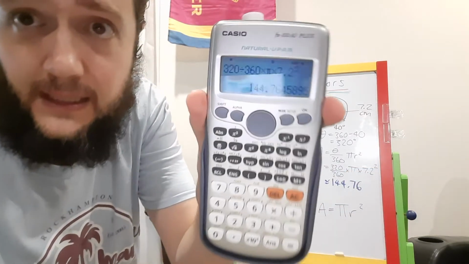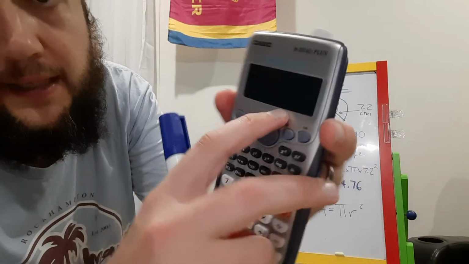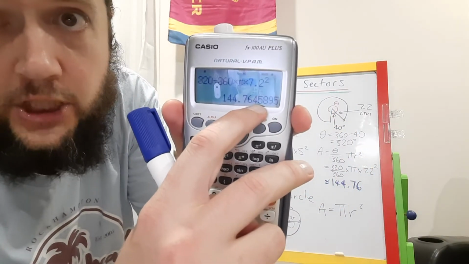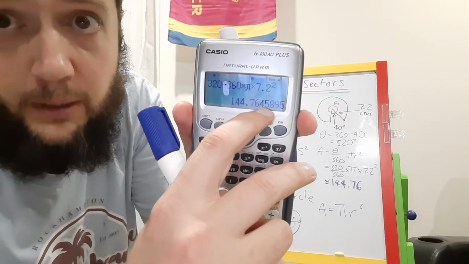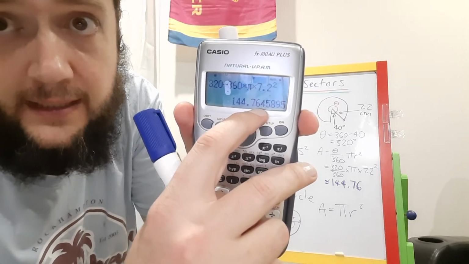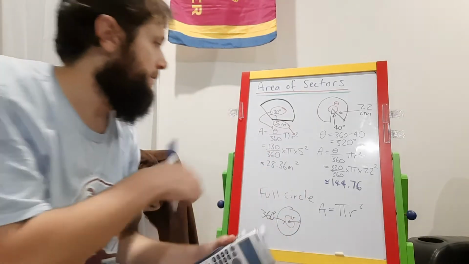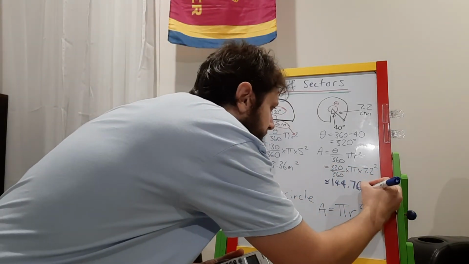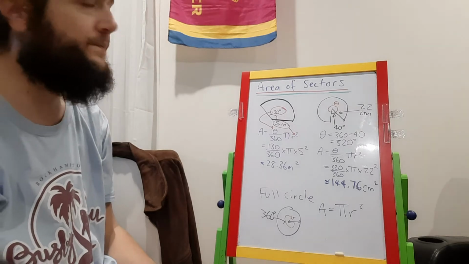I notice that rounding isn't everyone's friend. Second decimal place there is a 6. I look to the next digit. If it's a 5 or more, I'd make that a 7 back there. But because it's a 4 or less, I leave it as it is. I'll leave that as a 6 as the second decimal place, all right? And our unit, centimetres squared, because it's area.